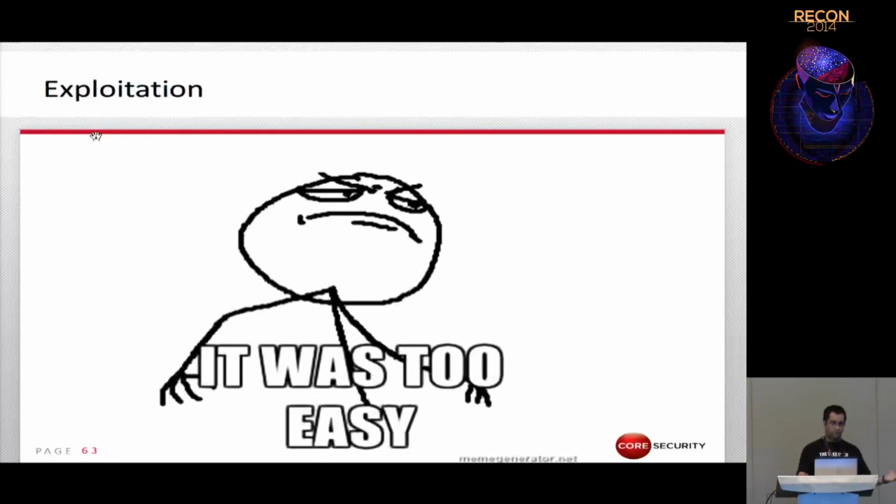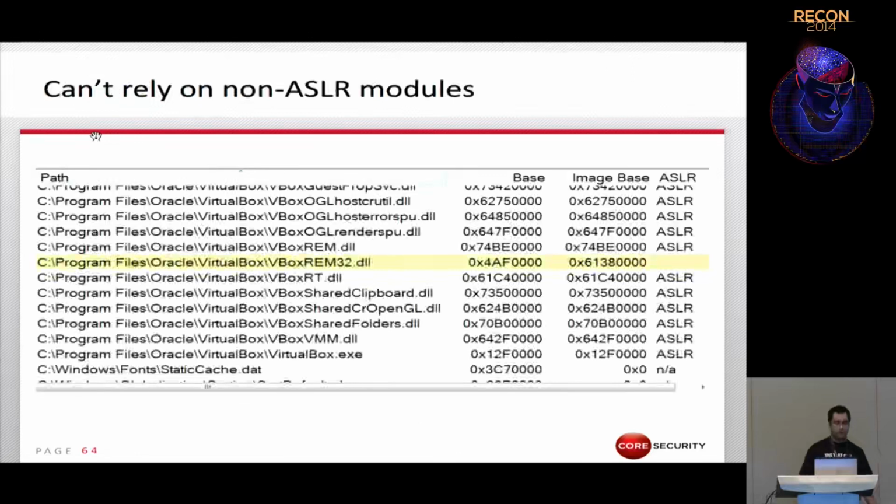However, well, that was too easy, right? Let me show you this screenshot of Process Explorer running on the host side. Highlighted in yellow, you can see the VBoxREM32 DLL, which doesn't have support for randomization, and however, it was relocated. The Windows loader decided to move it to another base address.